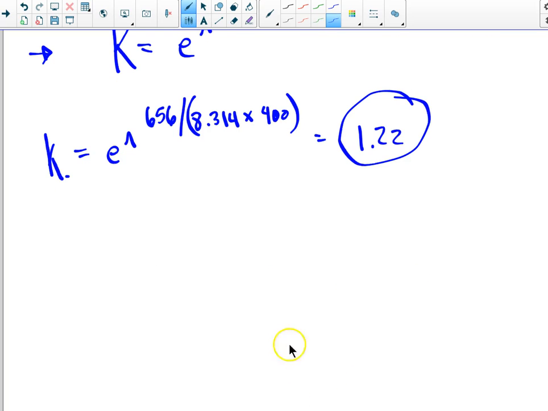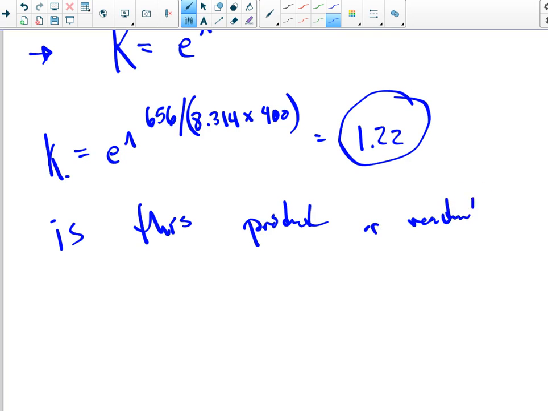Okay, I got a question. Is this product or reactant favored? It's product. Now, it's not by much, right? So this goes back to chapter 15.